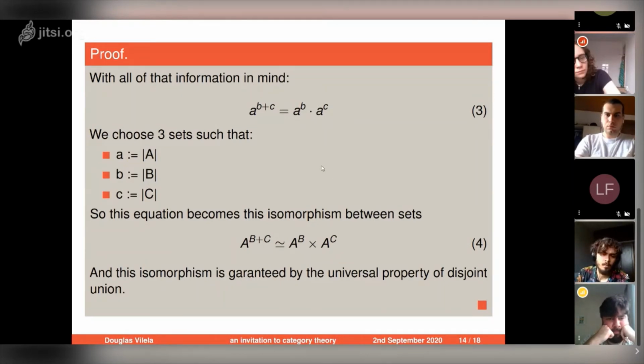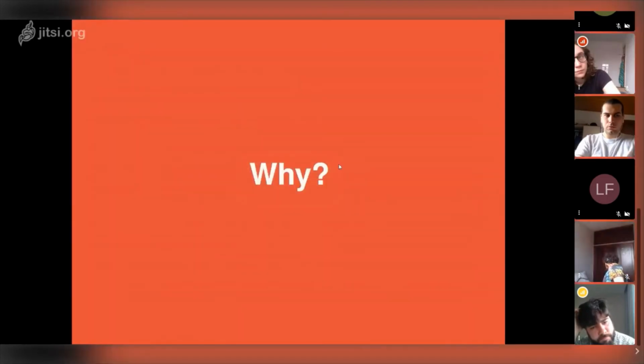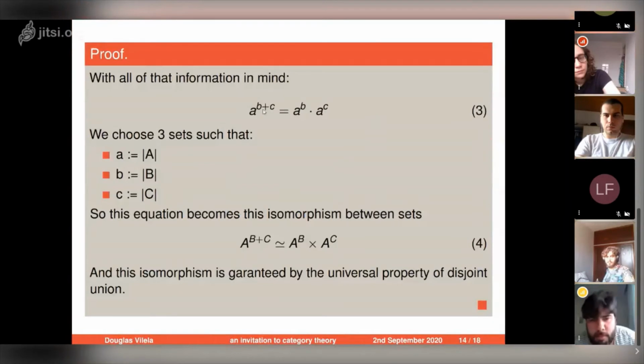But a possible question that we could ask for doing all of this is why. There's no purpose for proving this really simple expression with all of this kind of reasoning.